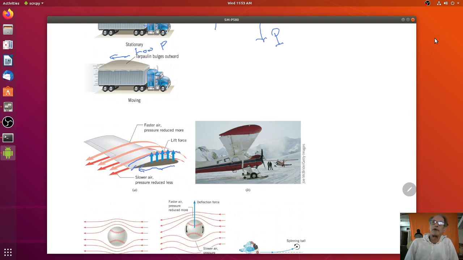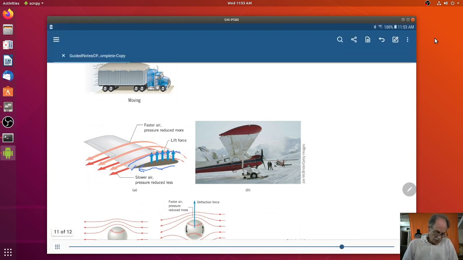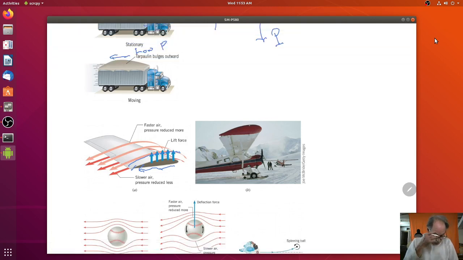Airplanes are a little bit more complicated than this. But this is one effect that helps keep airplanes in the air. The velocity is higher above the wing, so the pressure is lower above the wing. Pressure is higher below the wing, and that pushes the wing up, that force.